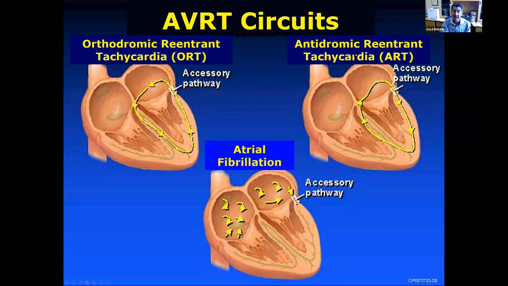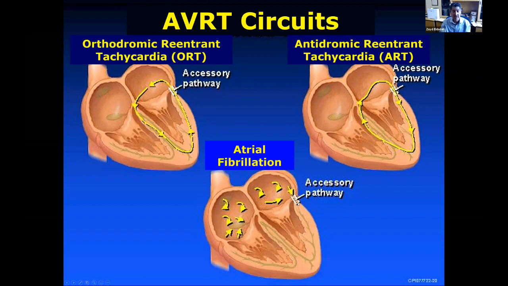This is less common, but both of these are considered AV reciprocating tachycardia. The atria sends a signal to the ventricle, which reciprocates and sends it to the atria, which reciprocates and sends it to the ventricle. The gift that keeps on giving. That's the AV reciprocating tachycardia. In these patients, if they have atrial fibrillation, that could potentially be a dangerous situation because the normal rate governance property of the AV node might not be present in the accessory pathway.